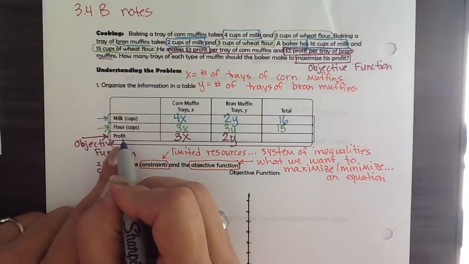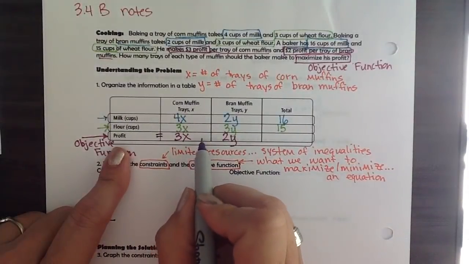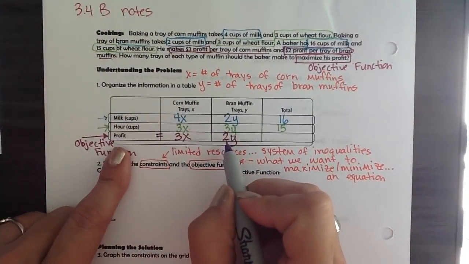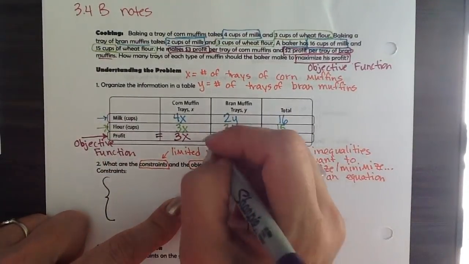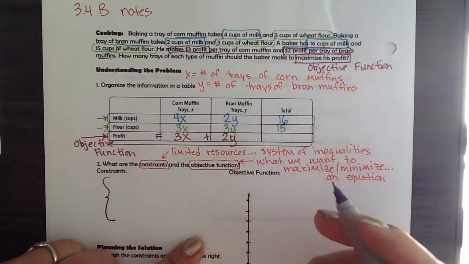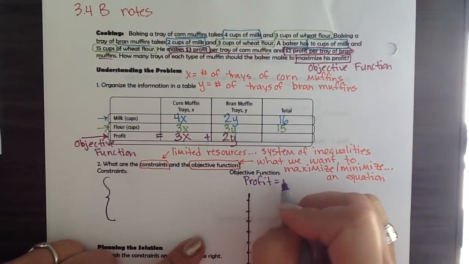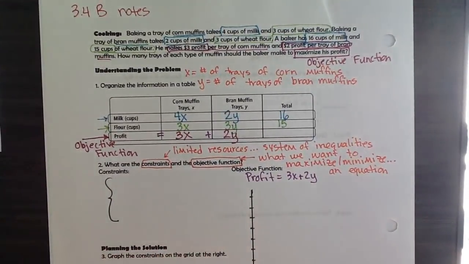So the word I'm going to use is profit. So I'm going to put profit equals, and then the profit I make from corn muffins is 3x, the profit I make from bran muffins is 2y, and I'm wanting my total profit, so I am going to add those together. So the objective function will be profit equals 3x plus 2y. And what I want to do with that is I want to maximize it.